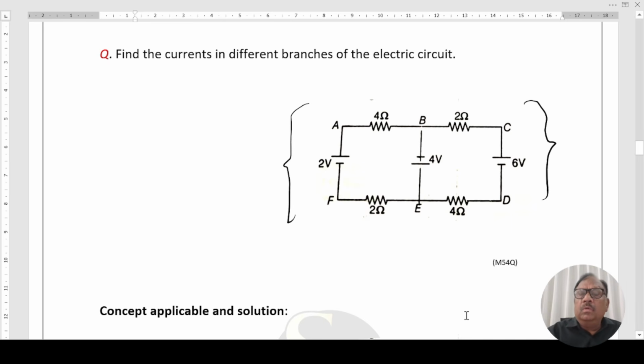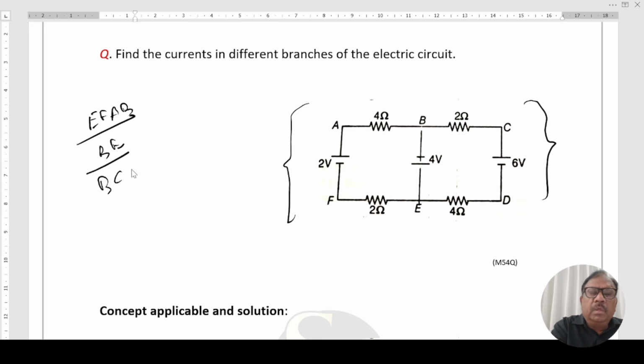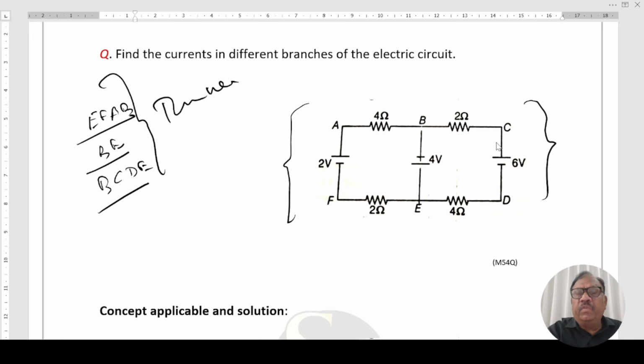Now, in this case, 3 branches are there: EFAB, BE, and BCDE. 3 wires. Means in this one the same current will flow, in that one a different current will flow; these are different paths. Say this is I1, this is I2, this is I3.